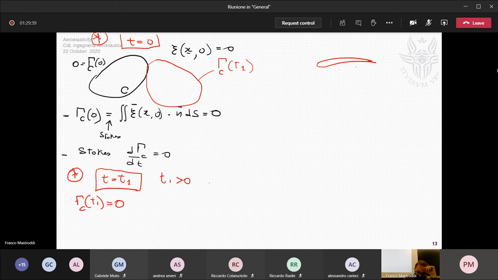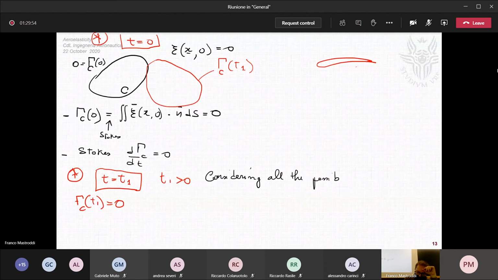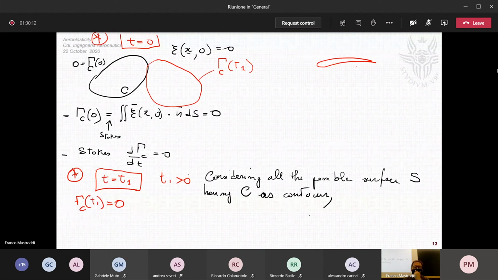In fact, considering all the possible surfaces as having C as contour, note we are using the arbitrariness of this position, considering all the possible surfaces.